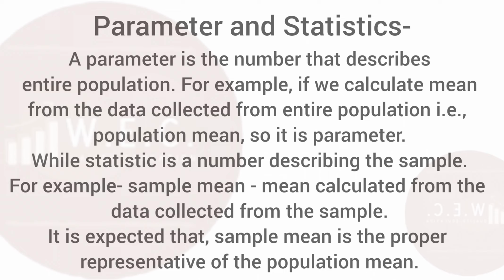For example, the sample mean. Sample mean is the average calculated from the data collected from the sample. So it is expected that the sample mean is representative of the population mean, because the sample is representative of the population.